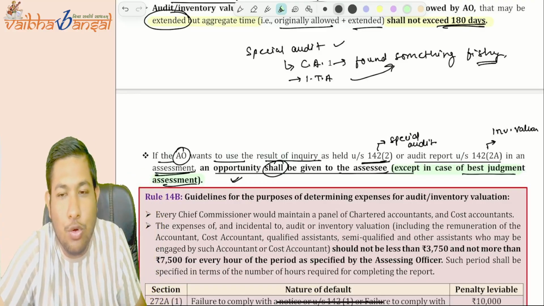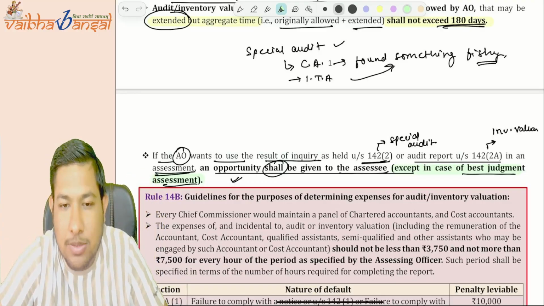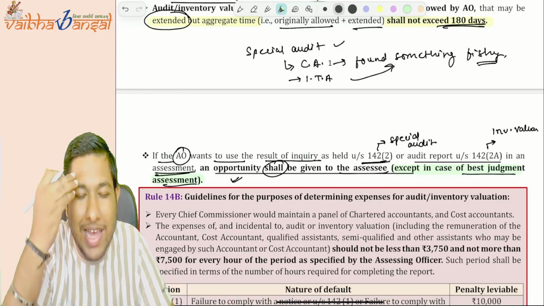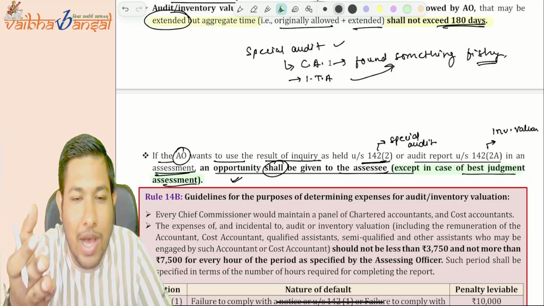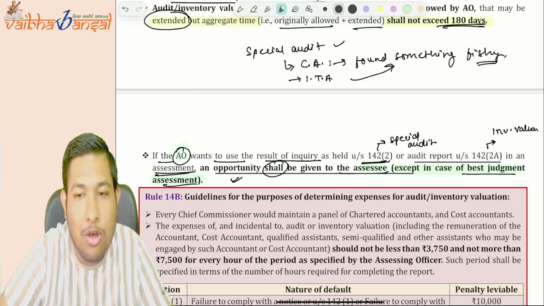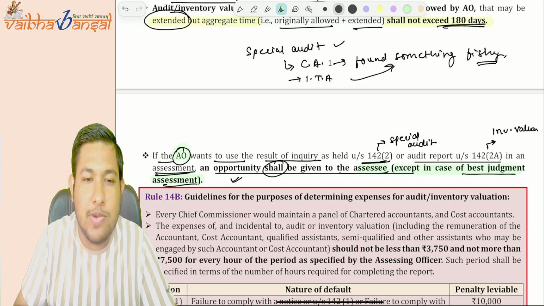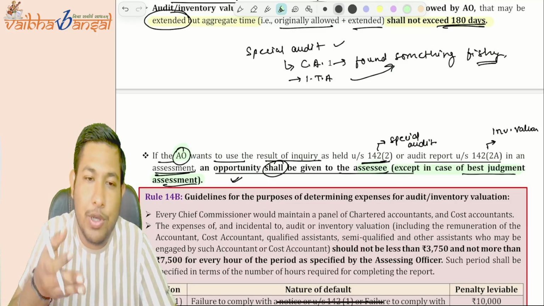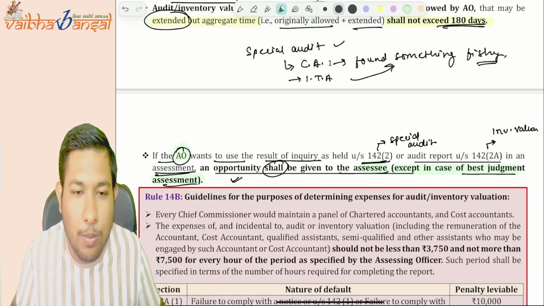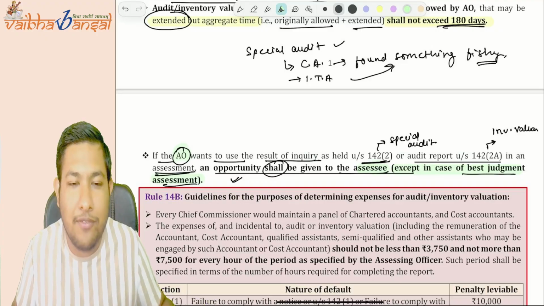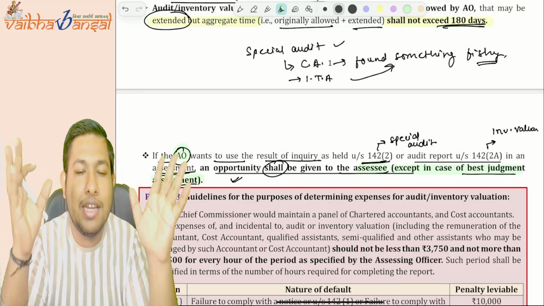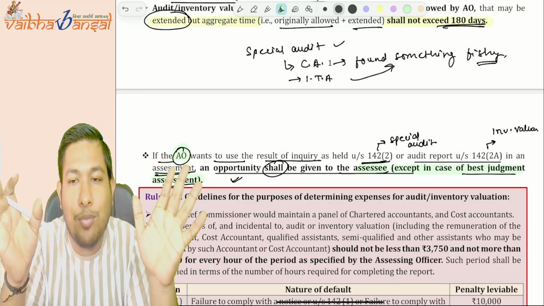Only if there is no cooperation is the best judgment assessment opened. So why ask for cooperation between the AO and the assessee now? Because the best judgment assessment is opened due to no cooperation. The assessee is not replying to the notices sent by the AO.